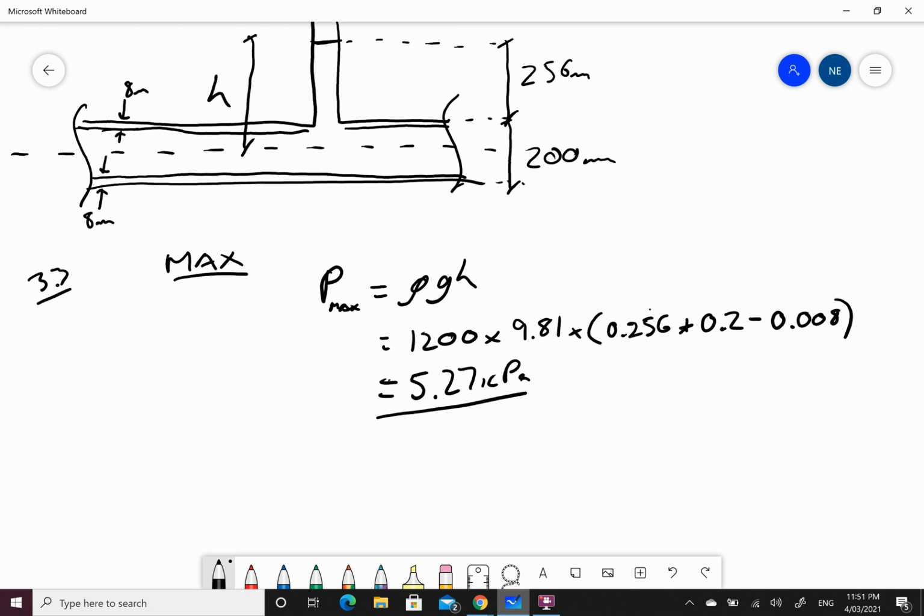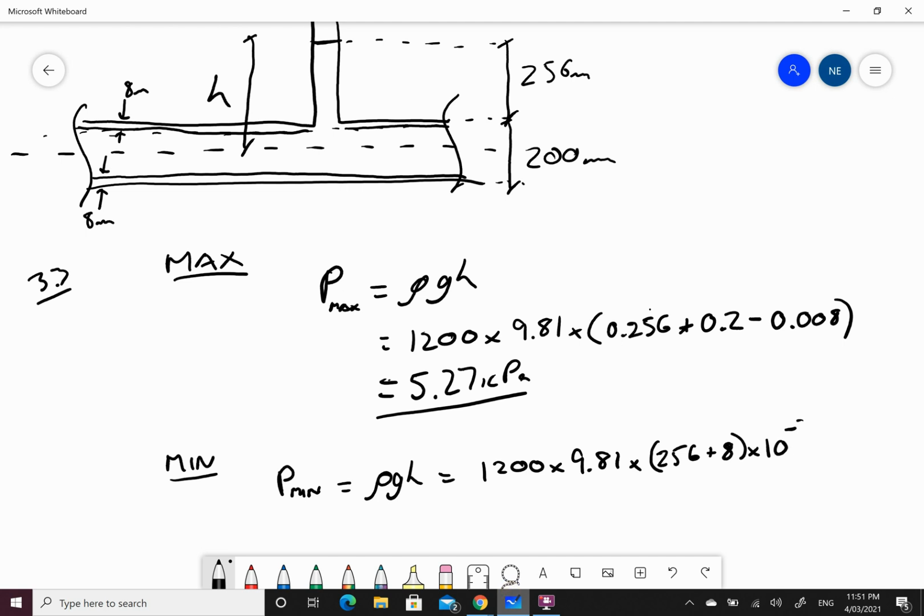Alright, and now for the minimum. So P min. Same thing, rho g h. Minimum is going to occur at this part of the wall, so the top. So it's 1200 by 9.81 times the height, which is 0.256 plus 0.08. 256 plus, let's go 8 times 10 to the negative 3.